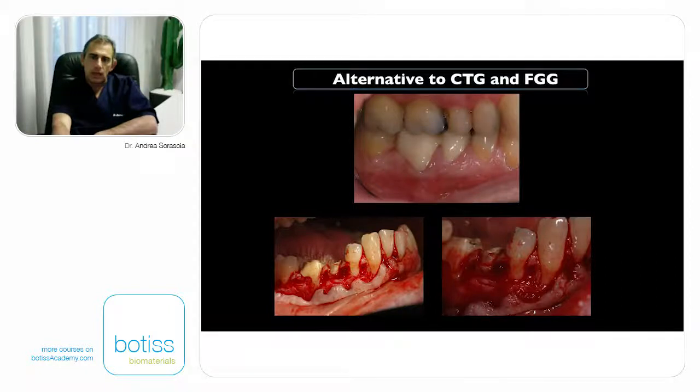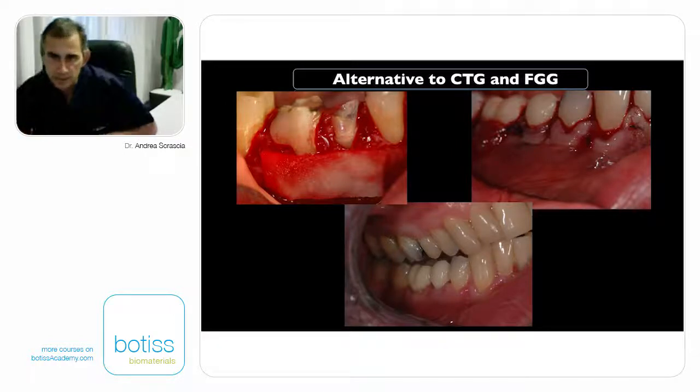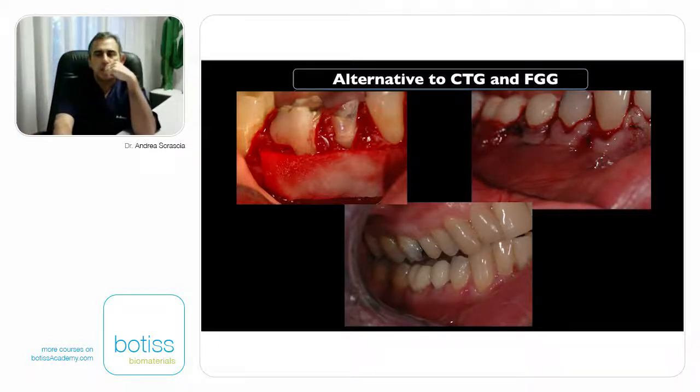So I treated with the preparation of the flap with the split technique, with papilla de-epithelialization, and application of the membrane after having prepared it with the length and width desired. At the bottom picture, we can see that the temporary crowns were reduced on the new prosthetic margin.